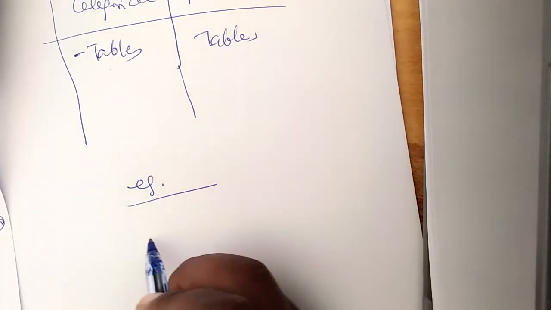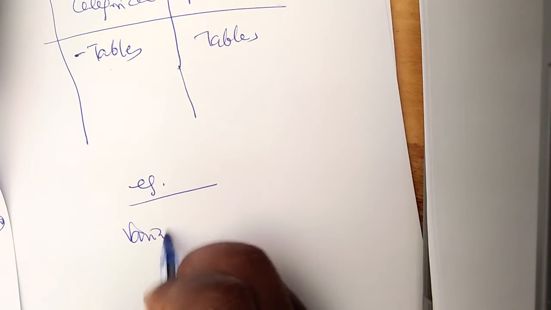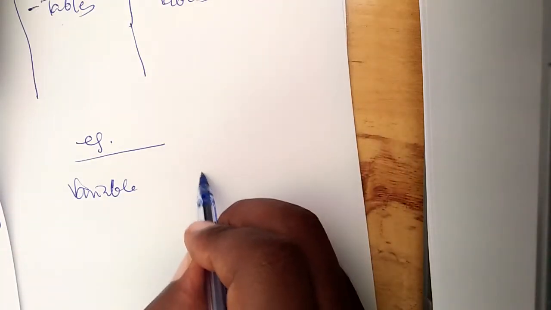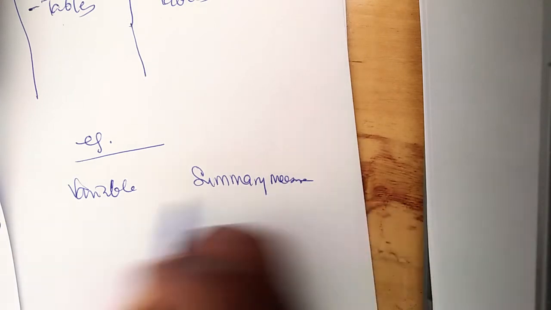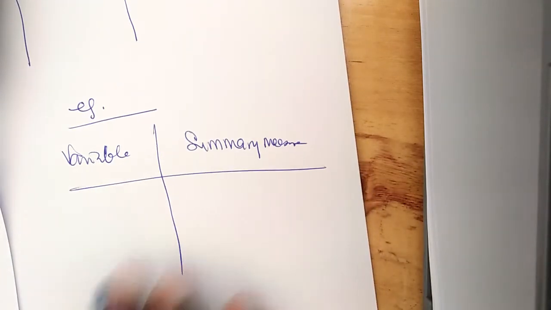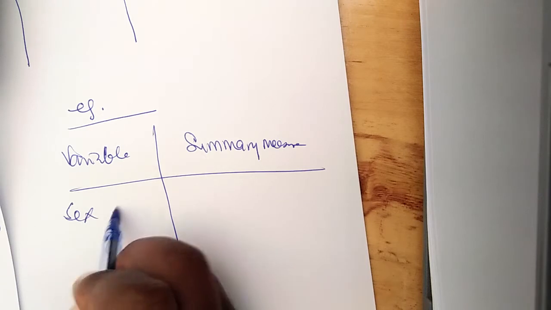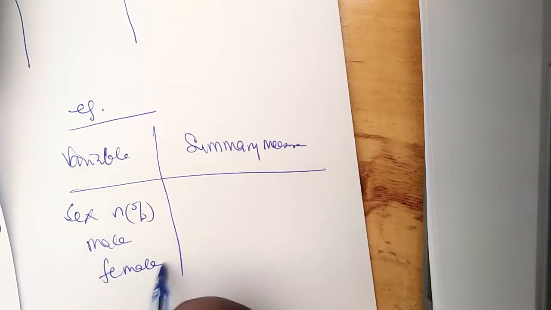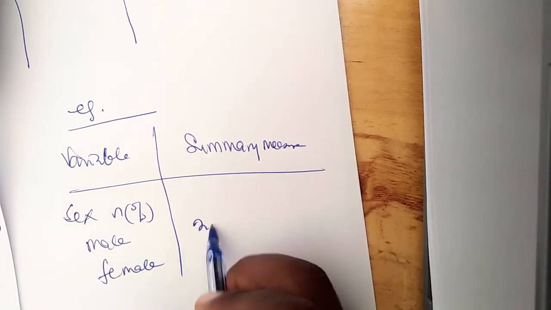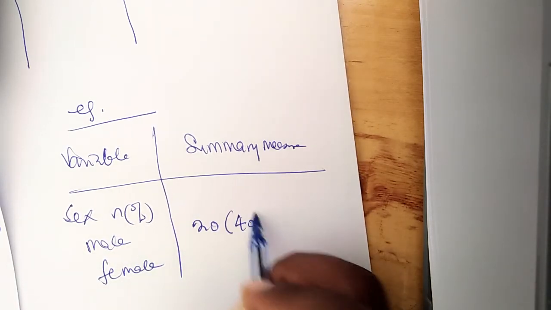Look at an example. I can say variable, I can say summary measure. Okay, like this, it's in practice. So I can say sex and say male and female. So I can say males are 20 and the percent is 40.